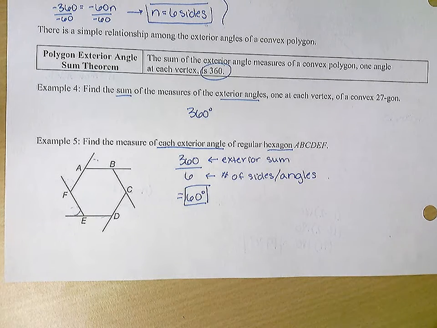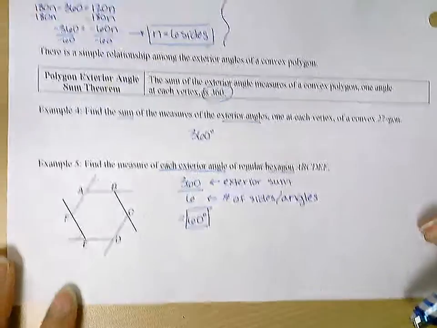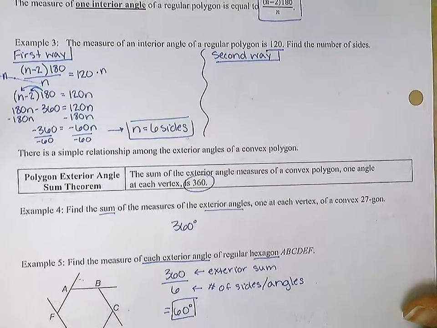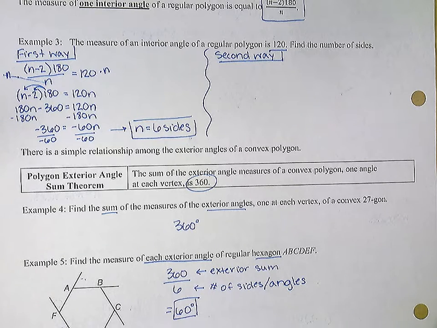Okay, remember I have a second way up in example 3. We're going to go through that one now, now that we know that the sum of your exterior angles is 360. So to do this, since I'm given one interior angle, first what I'm going to do is find one exterior.